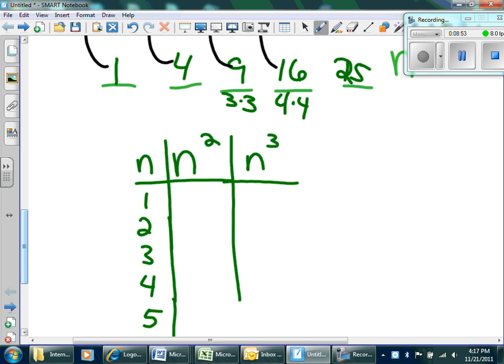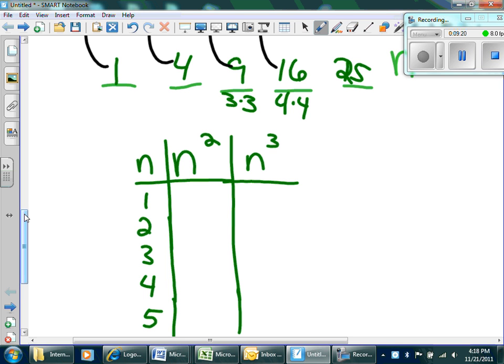If you're getting it wrong, go ahead and see if you can fill this out. Pause the video and see if you can fill out this table correctly. If you don't need to, then just let this part of the video go, and you can move on to the next part. So go ahead and pause if you need to practice this. If you don't, go ahead and let it run until the next part.